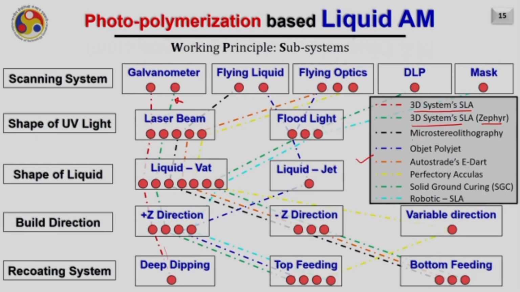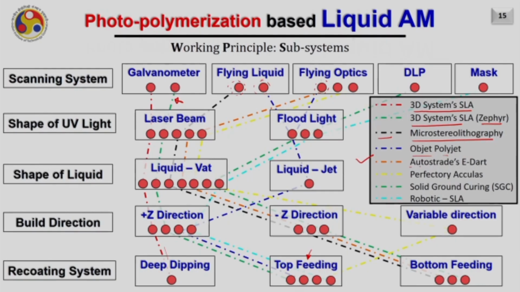And then this black color ribbon shows the microstereolithography. It uses flying liquid. Then Objet PolyJet, which uses flying liquid as well as flying optics, both together, this blue line, and utilizes the floodlight and liquid jet, builds the part in plus Z direction and provides the material by top feeding.